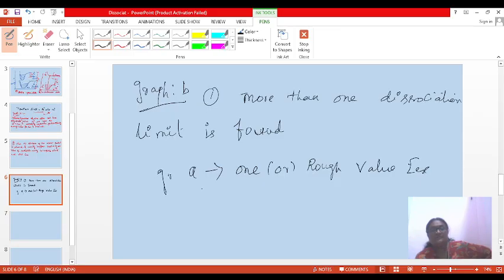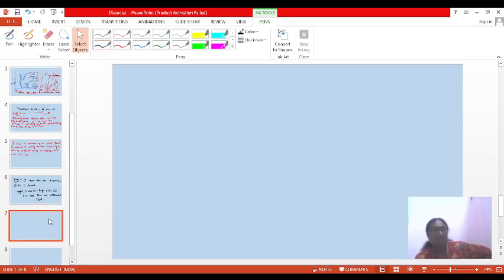But in graph B we will get more than one dissociation point. This is a very important point. That is the major difference between graph A and graph B.